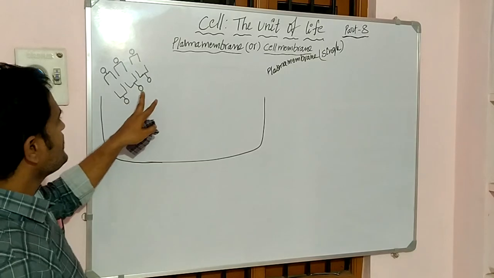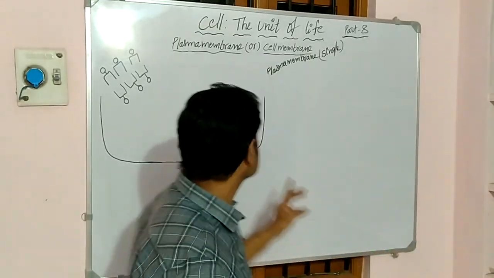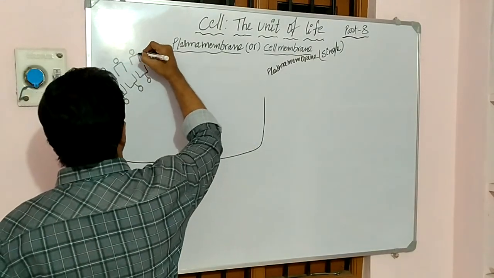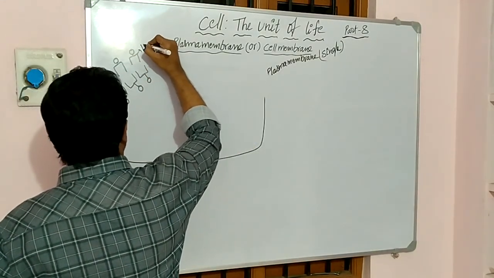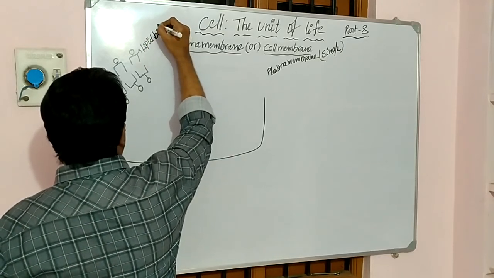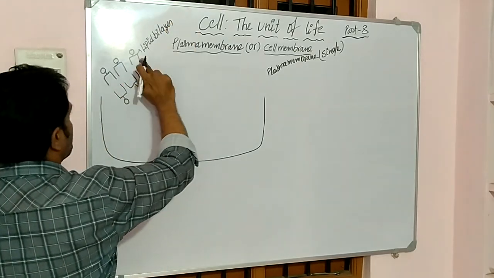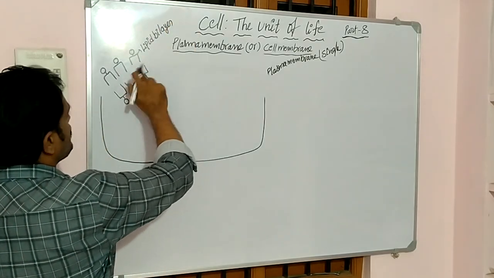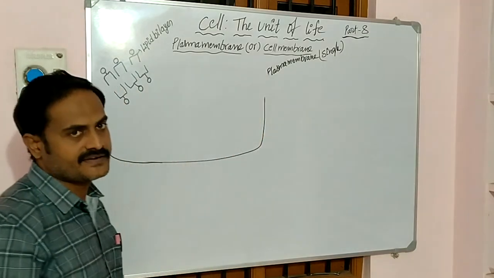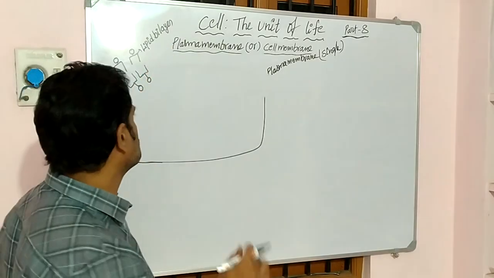See, this kind of arrangement present in the plasma membrane is called lipid bilayer. Remember, this is called lipid bilayer. See, the outer layer and inner layer, both are two layers present in the plasma membrane. So they are the lipid bilayer. Bi means what? Two layers.